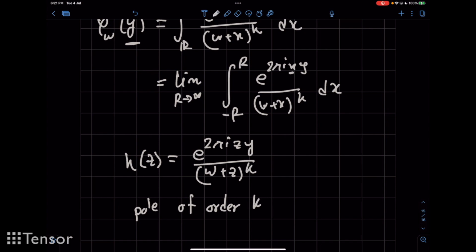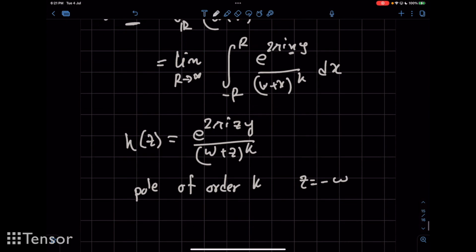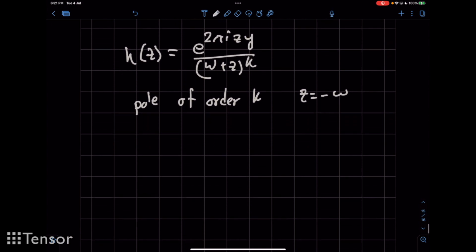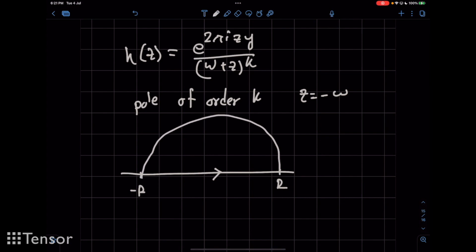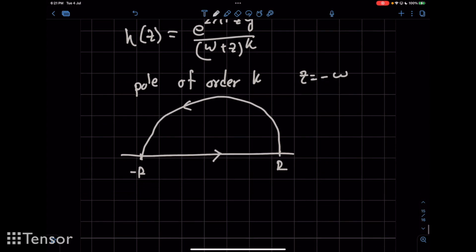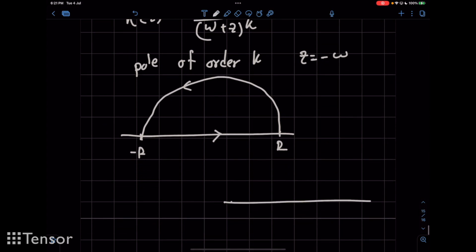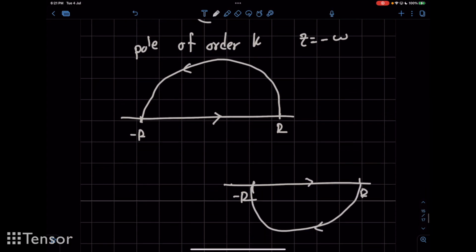That pole is at z equals negative w, right? And what we are going to do is basically this. Let's say this is negative r, this is positive r. So at times we are going to take this contour for integrating. At other times we need to take actually the other one, the contour downwards. Why, we shall soon see.